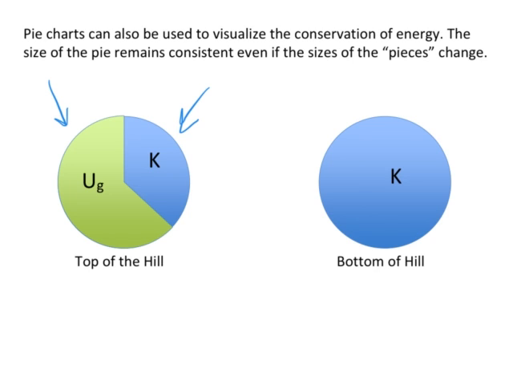It's all kinetic. But the way we're demonstrating conservation here is that the size of the pie doesn't change. The size of the individual pieces changes, but the overall total energy of the system is not changing.